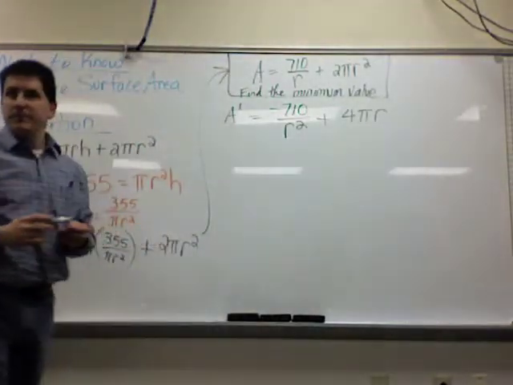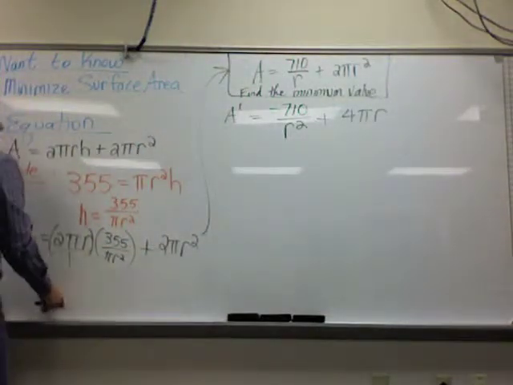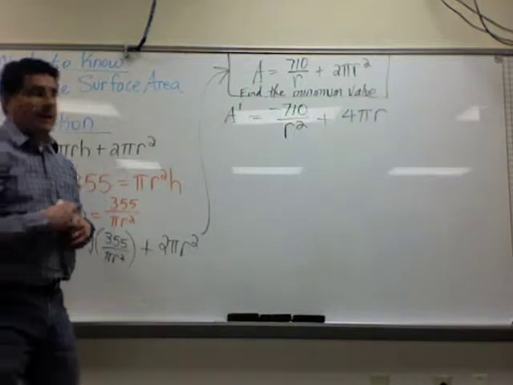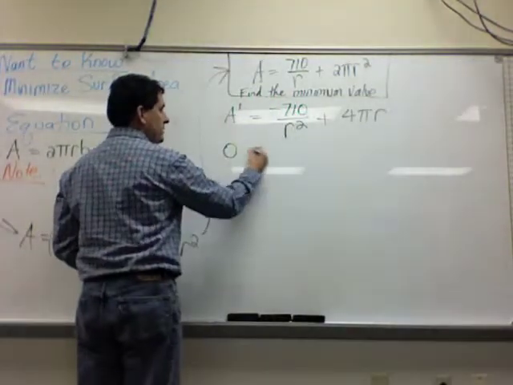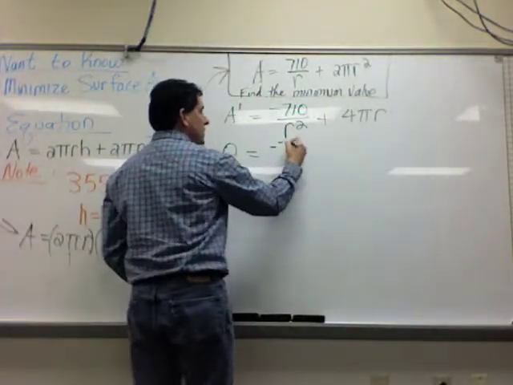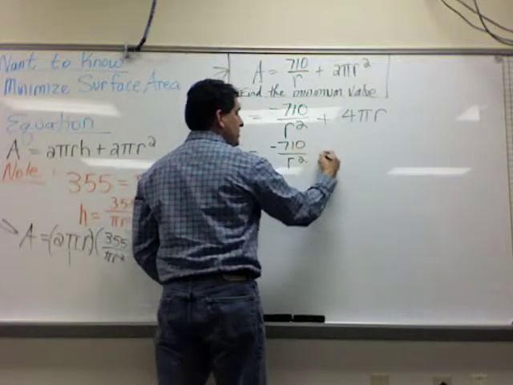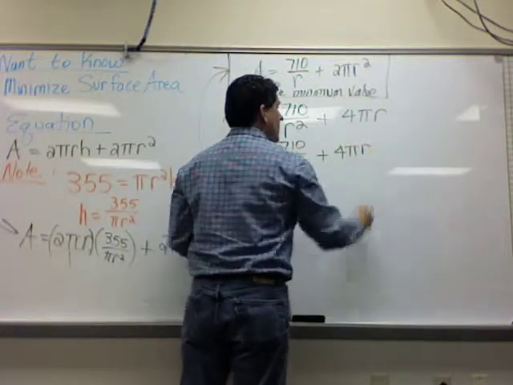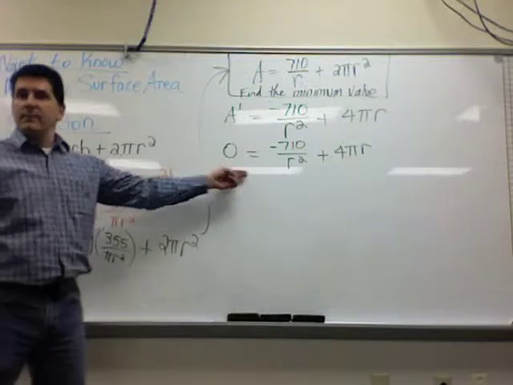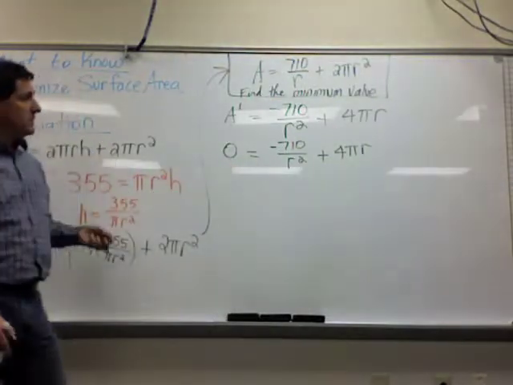That's our derivative. Okay, what do we do with the derivative? Set it equal to 0 to find our critical values. So 0 is equal to -710 over R squared plus 4 pi R. Set this equal to 0.